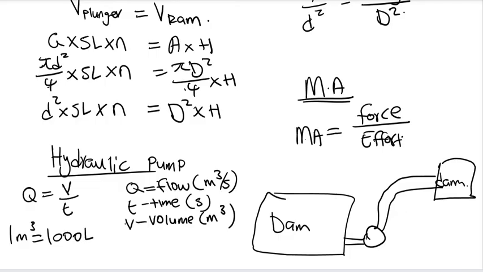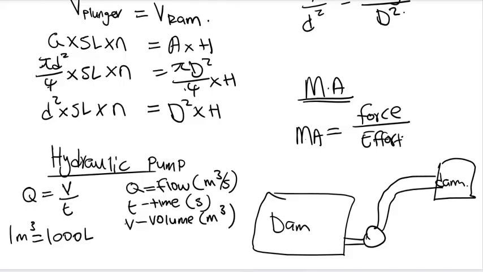Are we clear? And we know 1 liter equals 1 kg. So if they ask you to calculate the flow, the rate at which the liquid flows, we say Q equals V over T. That's when you can start applying the formulas there.